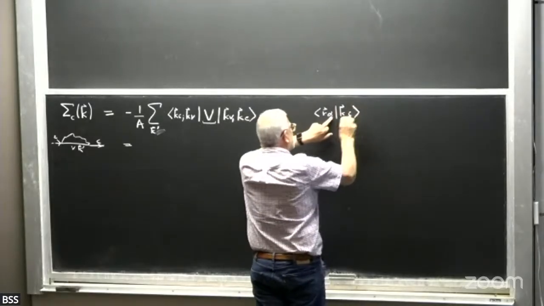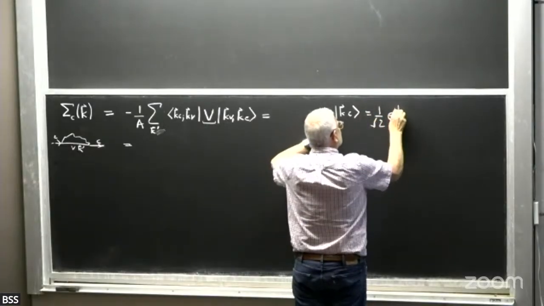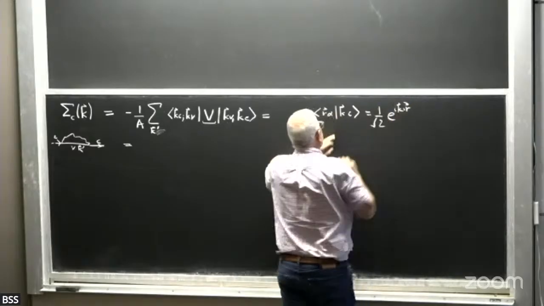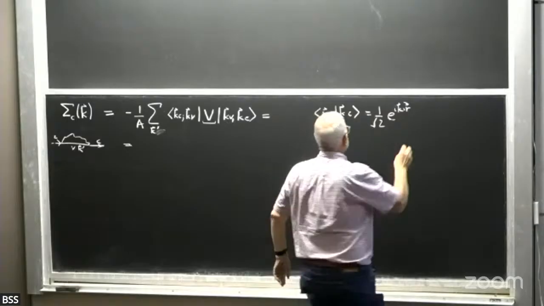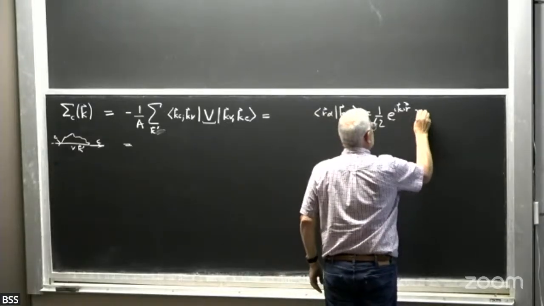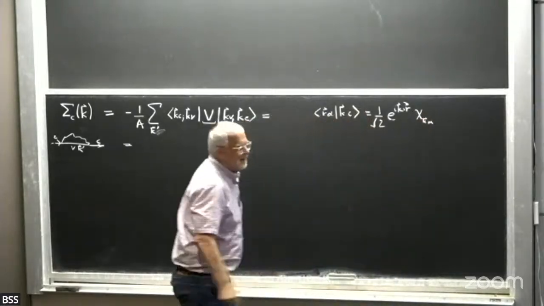Let's say the conduction band orbital has a plane wave part because this is an electron gas, but it also has a sublattice part.